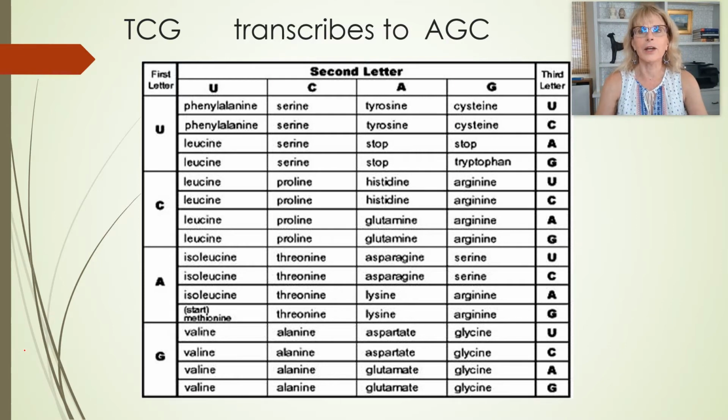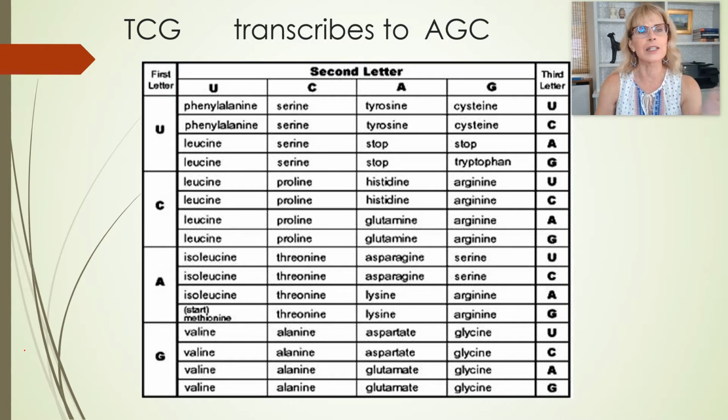Kind of left you in a cliffhanger, didn't I? I was telling you how you need to take DNA and transcribe it to messenger RNA before you use a codon chart, and that you needed to know how to use the codon chart.